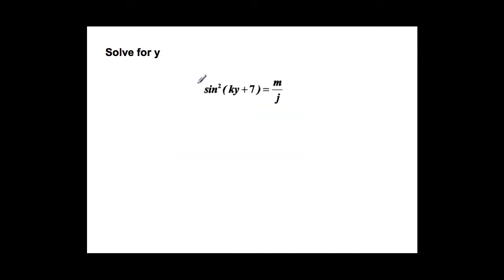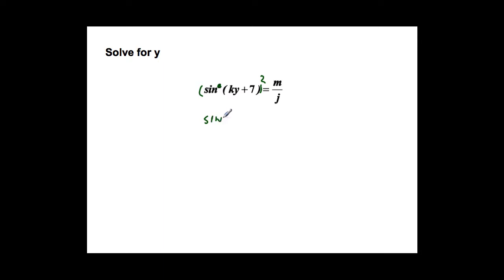Let's take a look at this example. We have the sine squared of quantity ky plus 7 equals m over j. This really could read the same thing as sine of ky plus 7 squared. So the first thing that we're going to do in trying to unlock y is to take the square root of both sides.